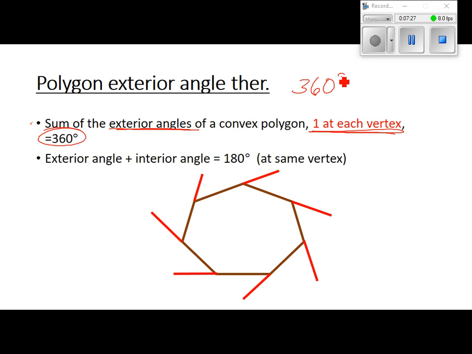Notice that this is an interior angle right here, and this one out here is an exterior angle. Each interior angle and each exterior angle are always going to be supplementary to each other. They're always going to add up to 180.